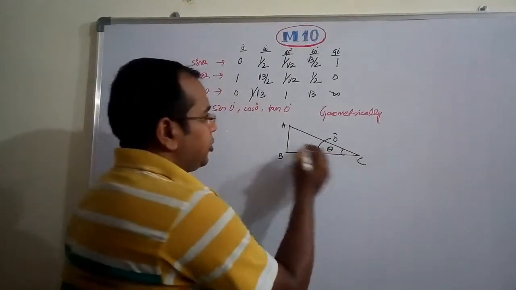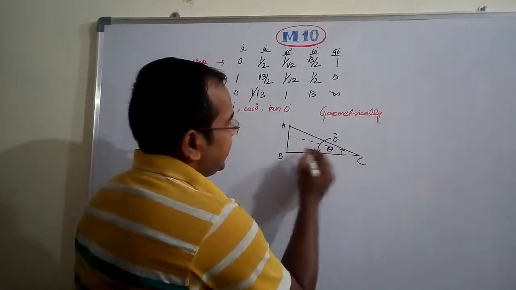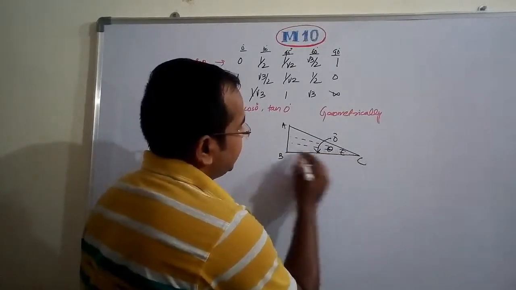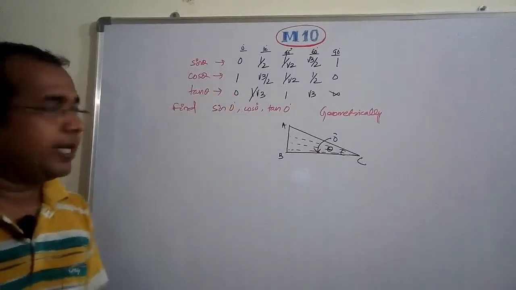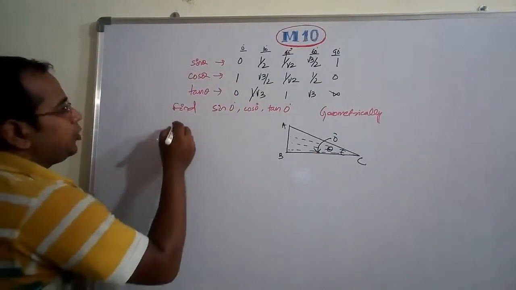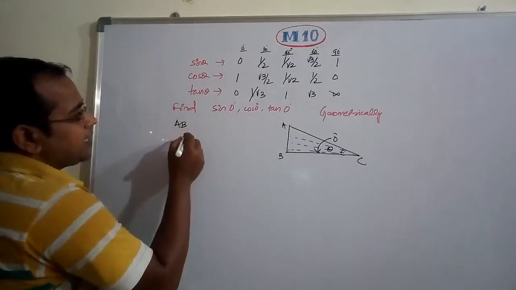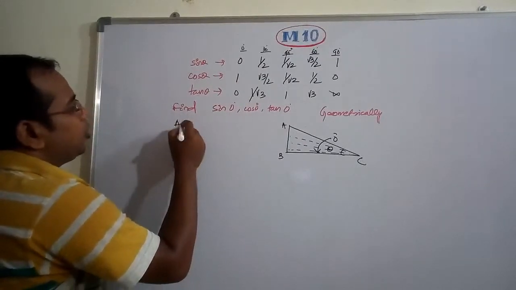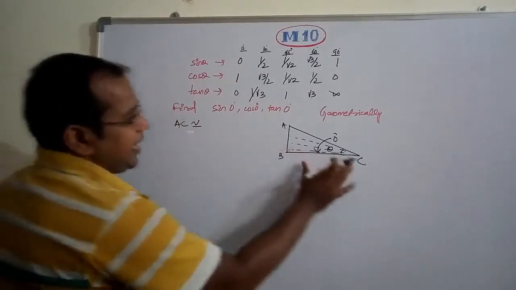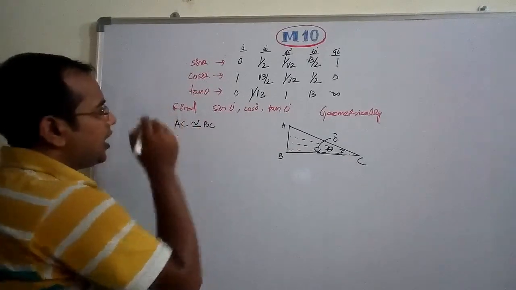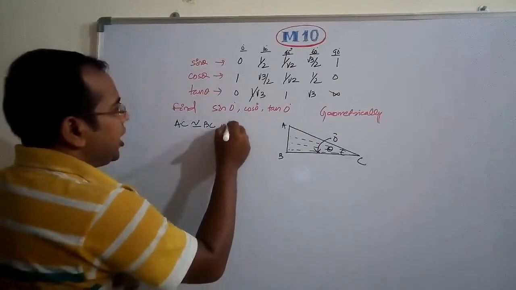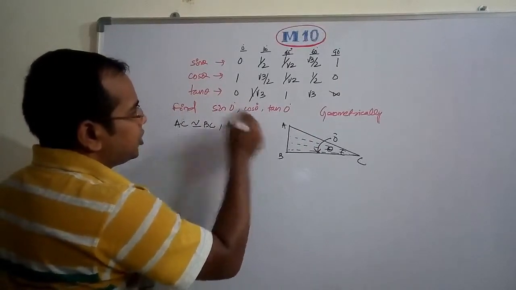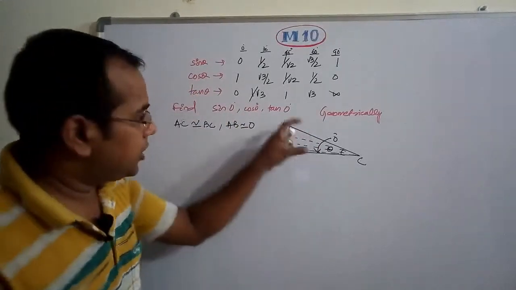If it tends to 0 degrees, gradually this side AC will come and merge with BC. If you take this angle 0, that means this AC will be equal to BC and this side will gradually be reduced and AB will be almost equal to 0 because this side will be reduced.